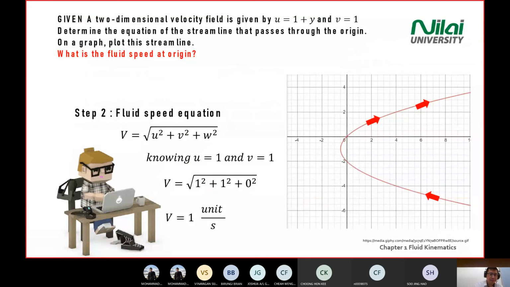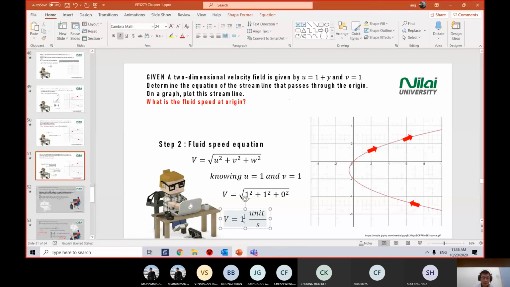Let me see. It should be 1.414. Your magnitude should be 1.414. It's not 1 here. Velocity is 1.414 unit over second.